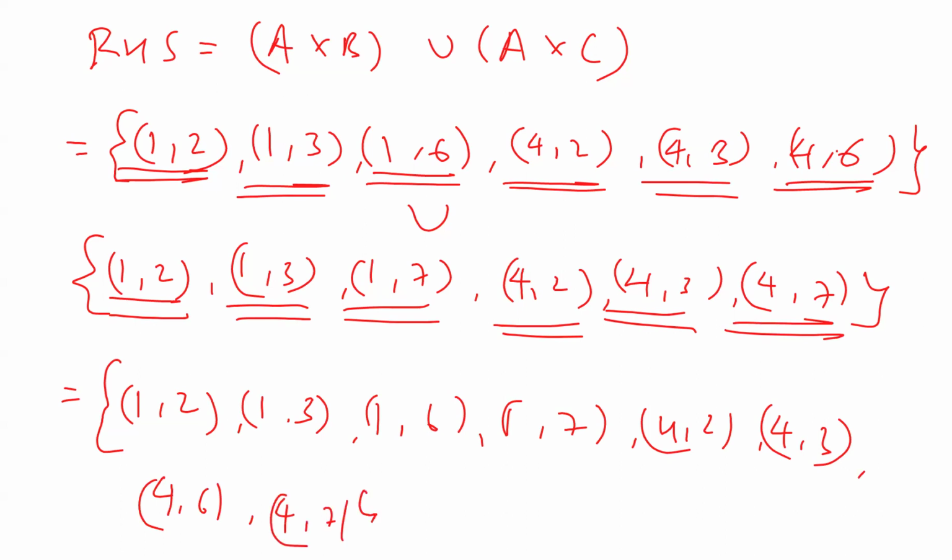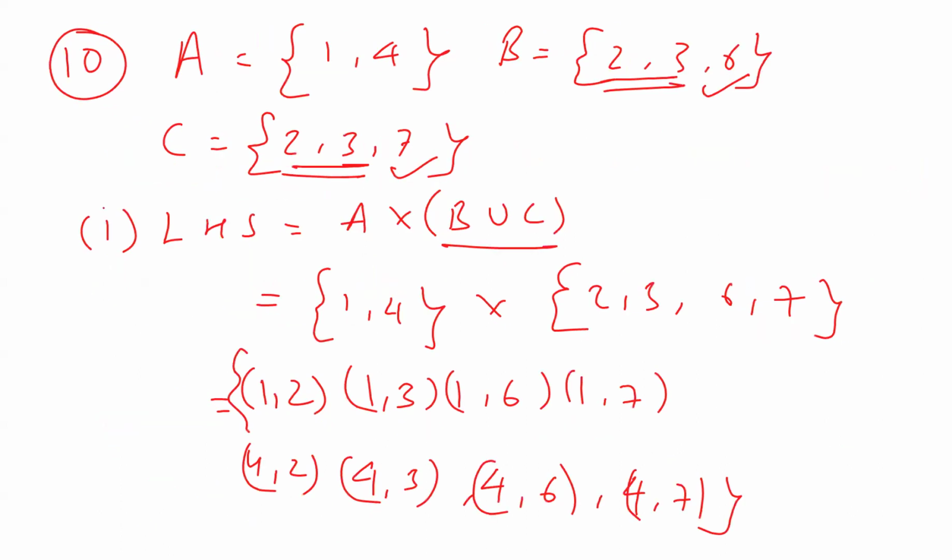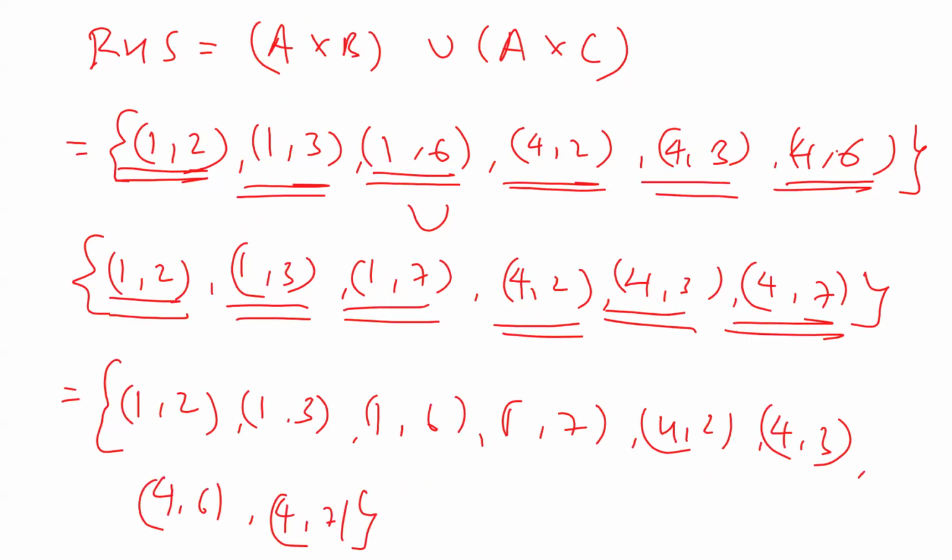Now just take a look at LHS and RHS. Are we having the same LHS over here previously? 1, 2, 1, 3, 1, 6, 1, 7, 4, 2, 4, 3, 4, 6, 4, 7. And take a look at RHS. 1, 2, 1, 3, 1, 6, 1, 7, 4, 2, 4, 3, 4, 6, 4, 7. LHS is equal to RHS.